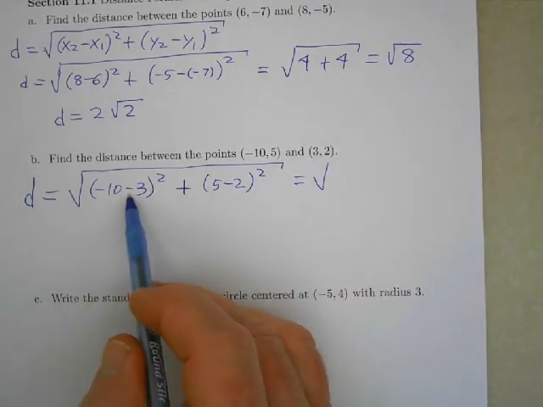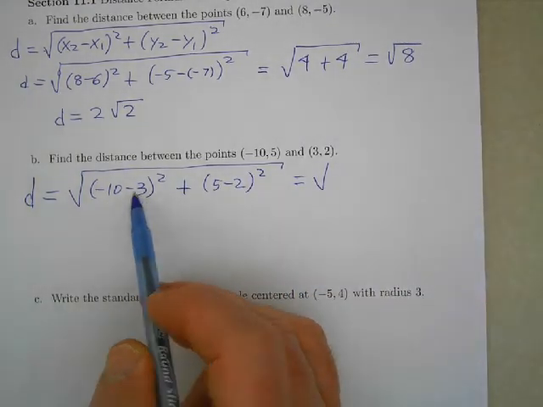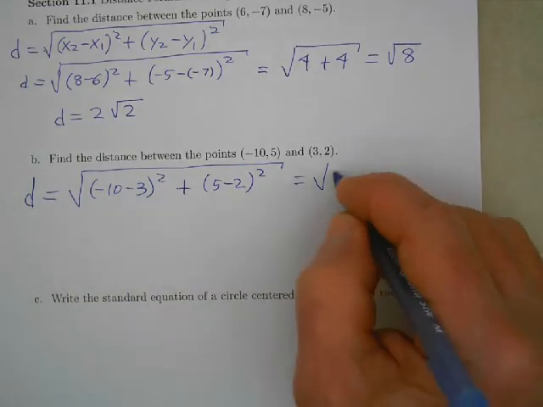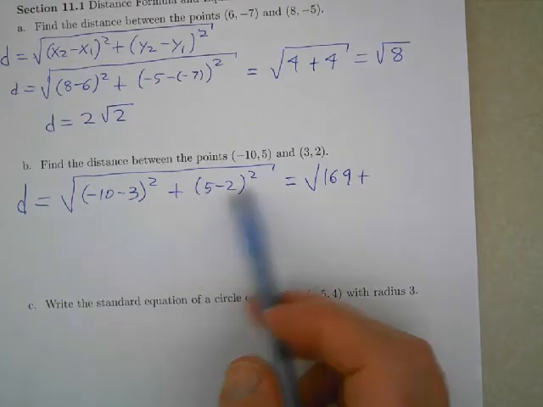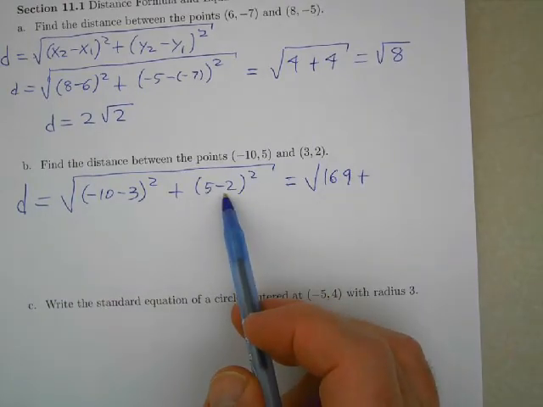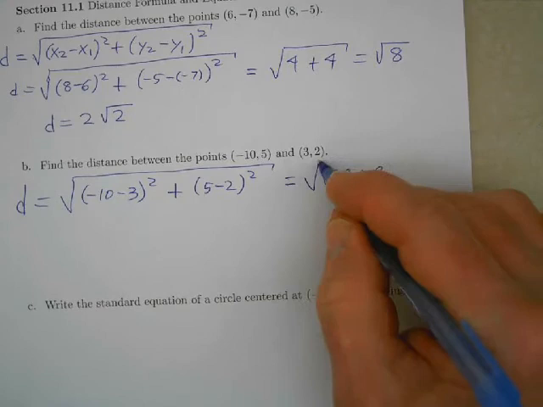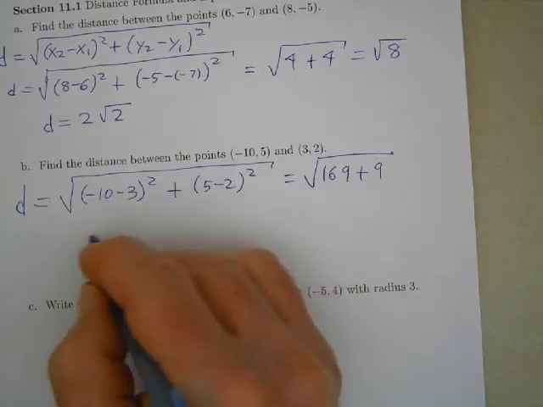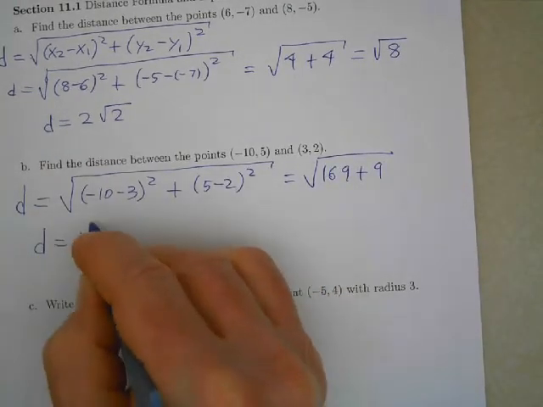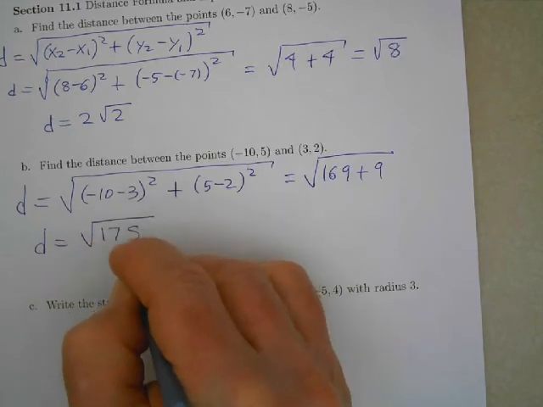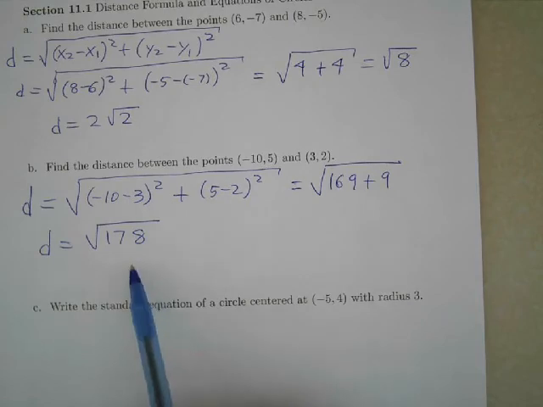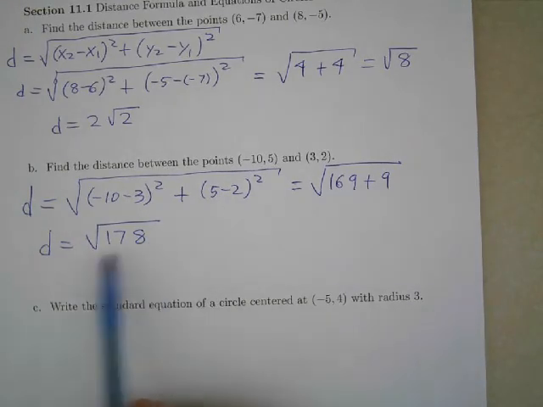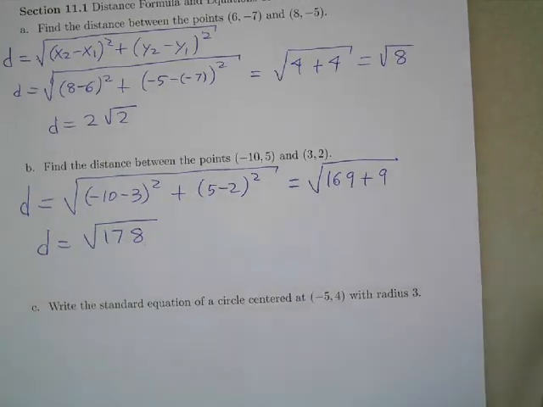So -10 minus 3 is -13, and -13 squared is 169. And then we add that to 5 minus 2 squared. 5 minus 2 is 3. 3 squared is 9. And so we get the distance is the square root of 178. And I don't think that can be simplified further.